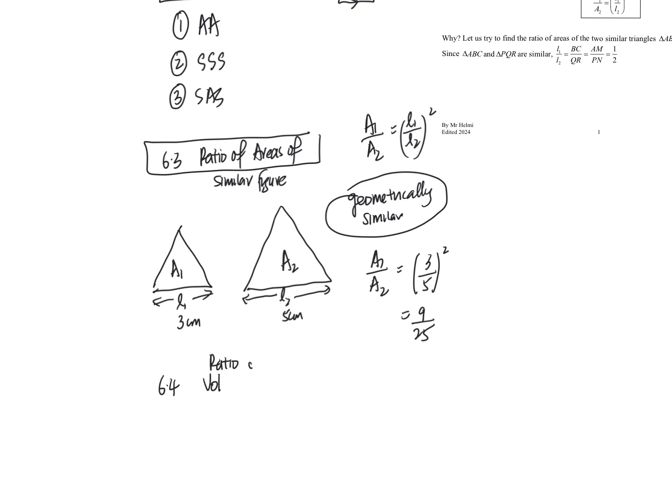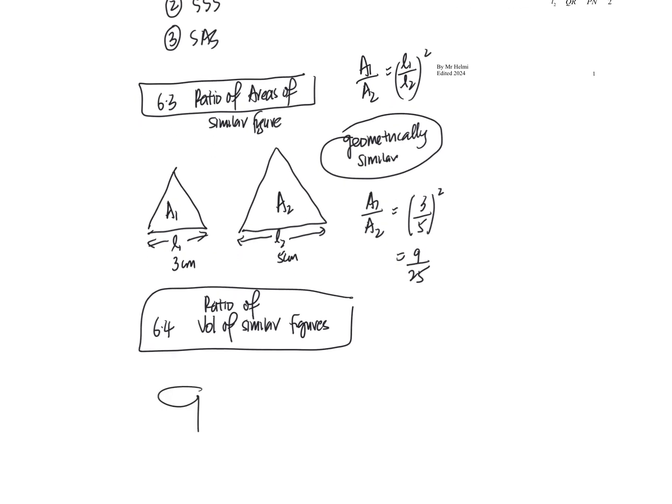Ratio of the volume of similar figures. So when we talk about volume, let's say two cylinders. One big, one small. Volume 1, volume 2. So I say this is radius 1. This is radius 2.